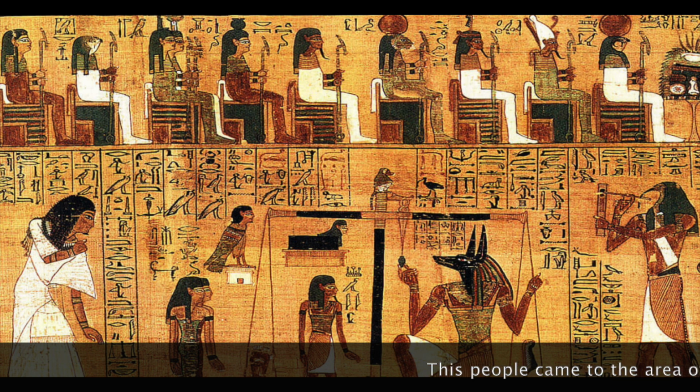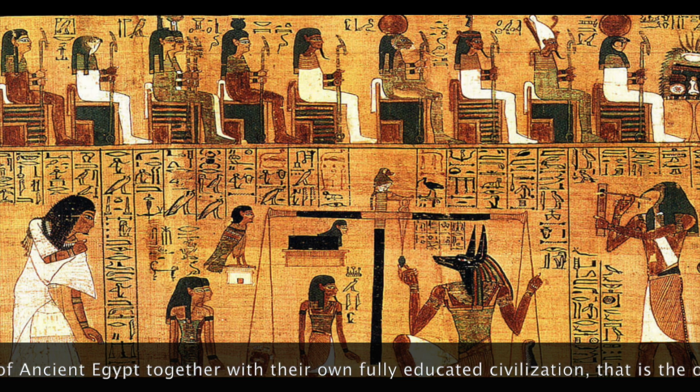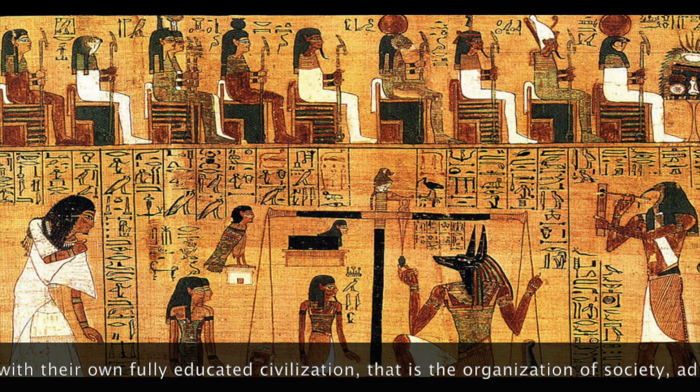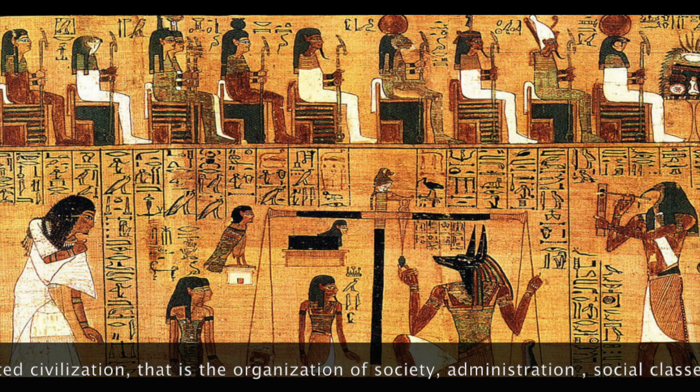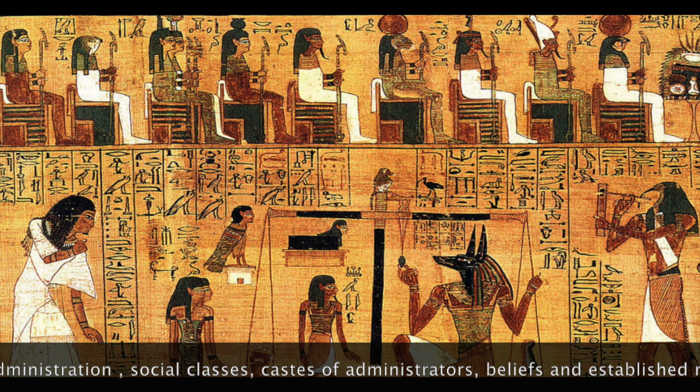These people came to the area of ancient Egypt together with their own fully educated civilization. That is the organization of society, administration, social classes, castes of administrators, beliefs and established religion, their gods and priests.